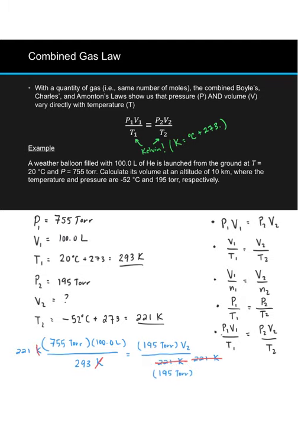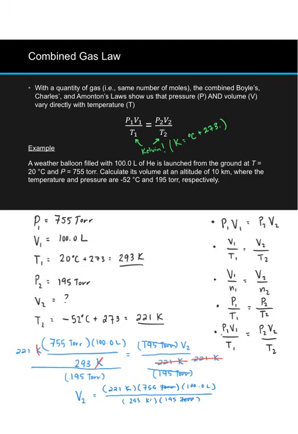And when we do so, we'll solve for V2. V2 ends up being equal to 221 K times 755 torr times 100 liters divided by 293 K and 195 torr.